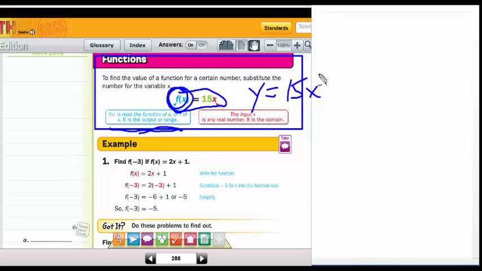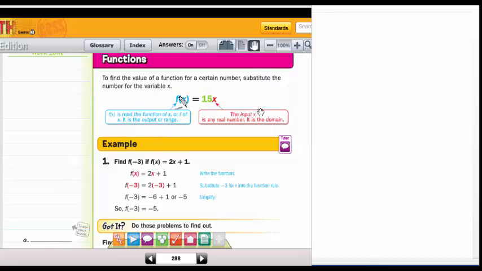Just like in this situation here, y equals 15x, x is the input, and as it states here, it is the domain. And the output, y, which now becomes f of x, is the range. So let's take a look at this further now that I cleared that so you can see this better.